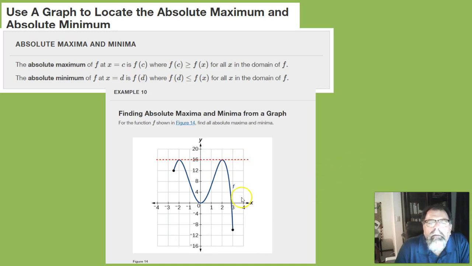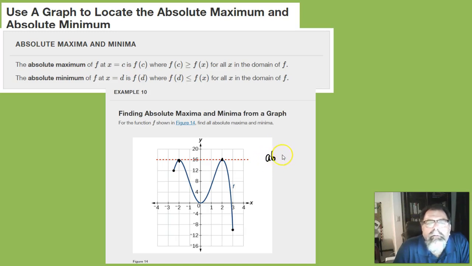Okay. So basically that point and that point is where you have the maximum. So we have an absolute, and remember I said some books refer to it as global maximum. So they would use global and relative, or absolute and local. Okay.